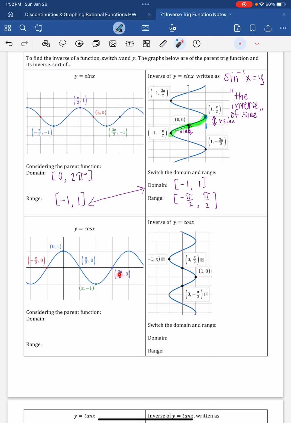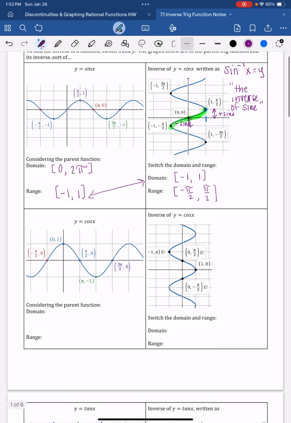The point (3 pi/2, 0) became (0, 3 pi/2), etc. The parent is what I'm highlighting. The domain is from 0 to 2 pi, and my range is from -1 to 1. And then my inverse is noted as y equals the inverse cosine of x. Oh, no, sorry, not sine, cosine. It should say cosine.